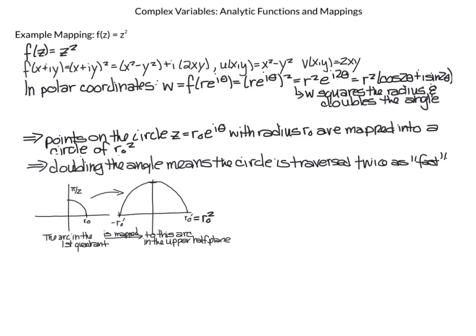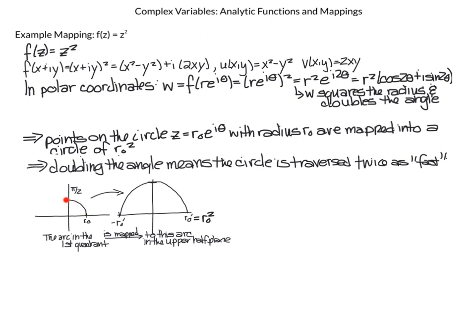And when I say twice as fast, instead of just covering 0 to pi over 2, we cover 0 to pi, so twice as much area. So the arc in the first quadrant is mapped to this arc in the upper half of the plane. You can also imagine that if we go from half the arc, we're going twice as fast.